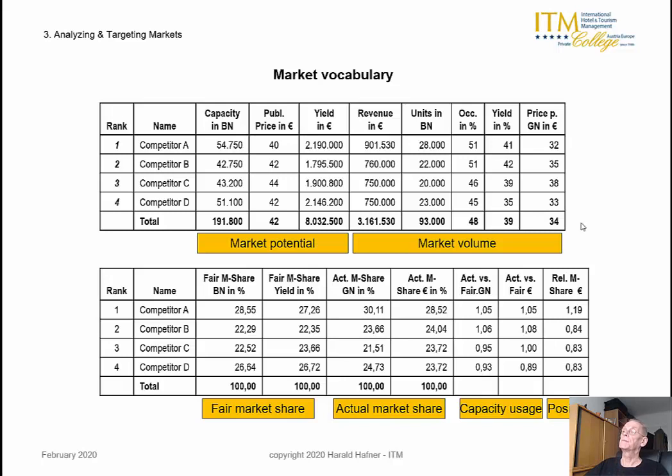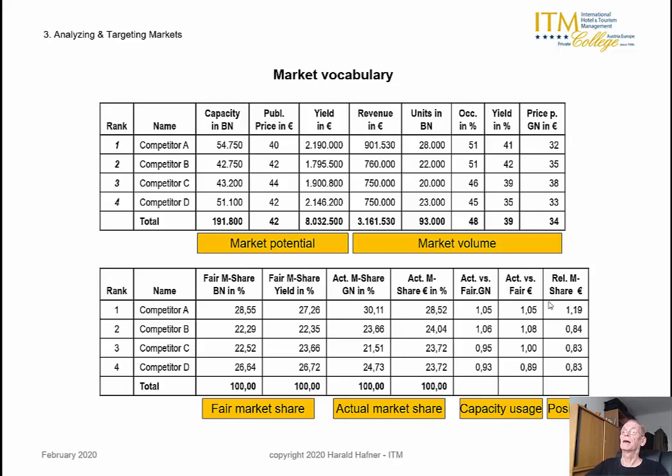The final concept in market share is the so-called relative market share. The relative market share describes your competitive position amongst those 4 competitors, and it is calculated by dividing your market share by that of your largest competitor.